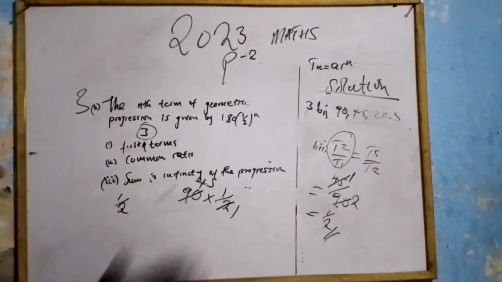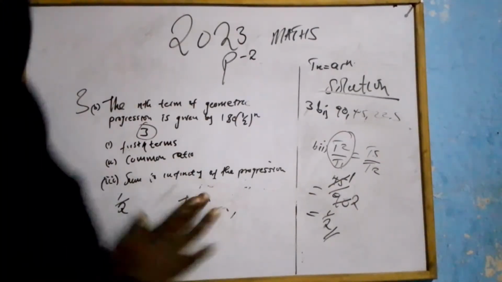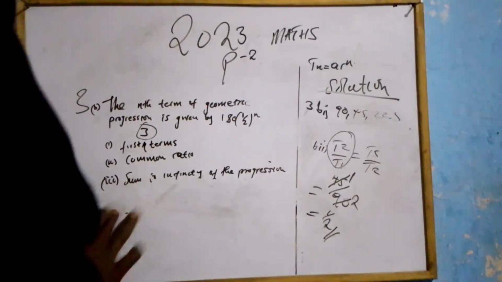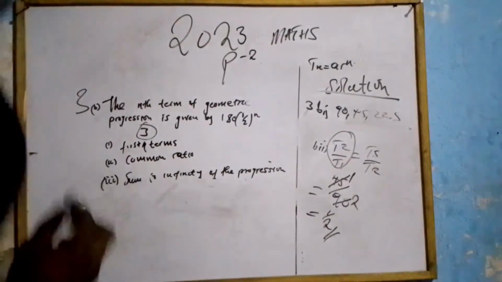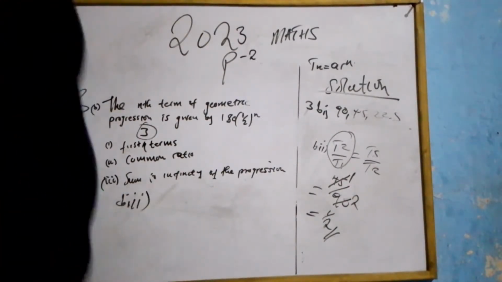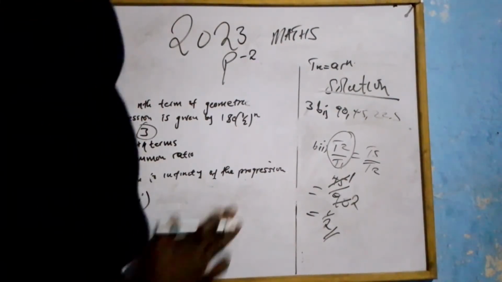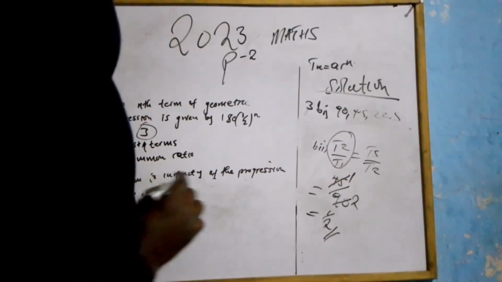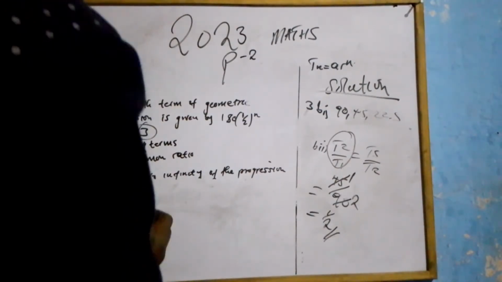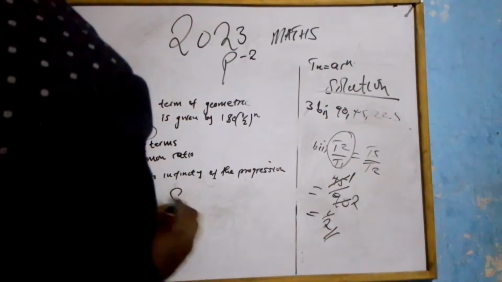Now let's move on to question B3. In B3, we have to find the sum to infinity of the progression.